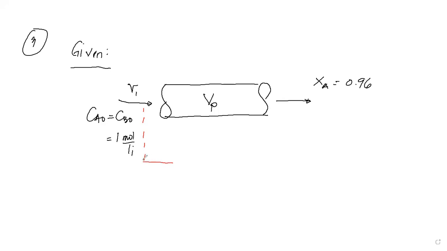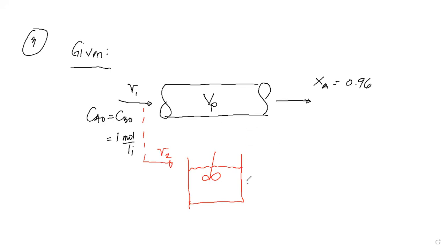So there will be a backmix reactor here that will be connected to the existing plug flow reactor. And of course, it will have its own volumetric flow rate. So they are parallel with the stream in here that is entering the plug flow reactor.